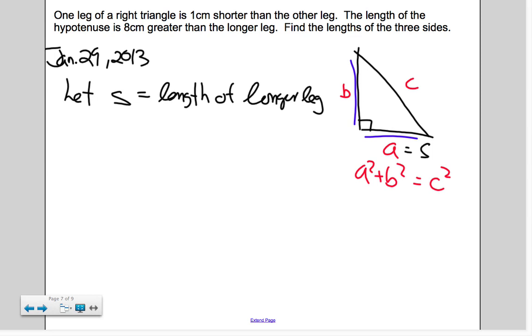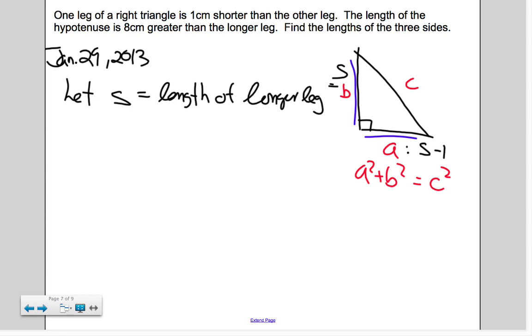Actually, if I make a diagram, B should be S, right? That's the longer side. So what will A be? Well, relative to S, what do we know about it? It's shorter. How much shorter? 1 centimeter. Yeah, it's 1 centimeter shorter. So that side could just be S minus 1.